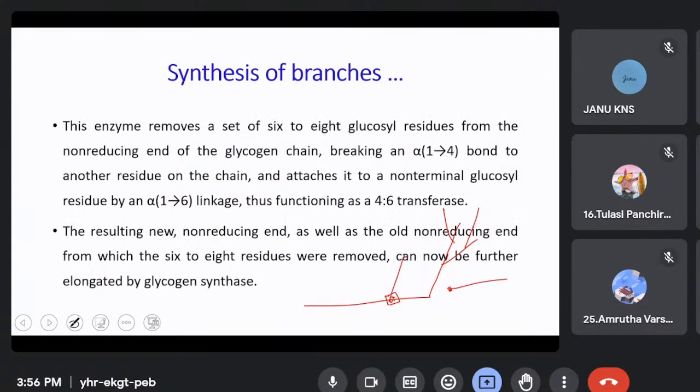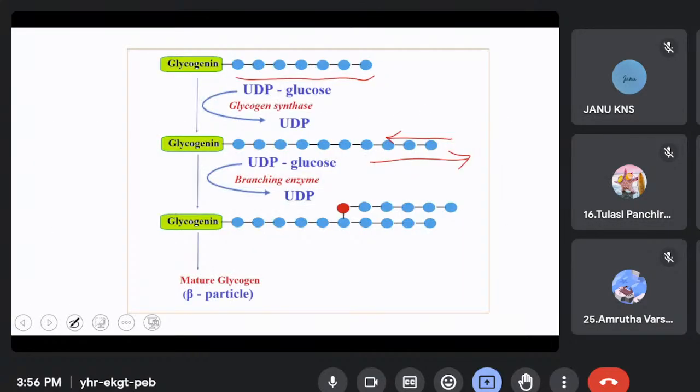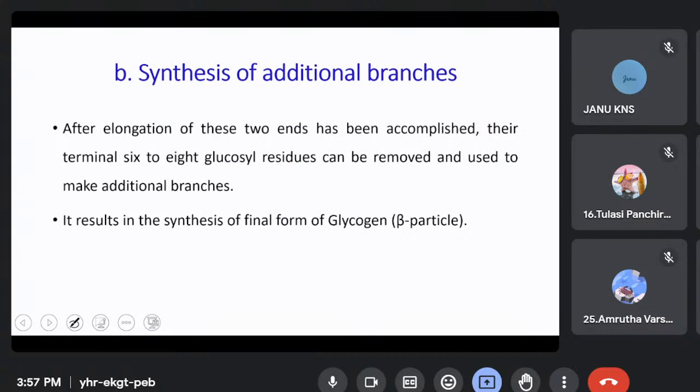Transglucosylase is responsible for the formation of the 1,6-glycosidic bond here, and from there elongation continues. Thus a branch is formed here. So a new branch can be formed like this on every branch. Thus a mature glycogen called the beta particle is said to be synthesized.